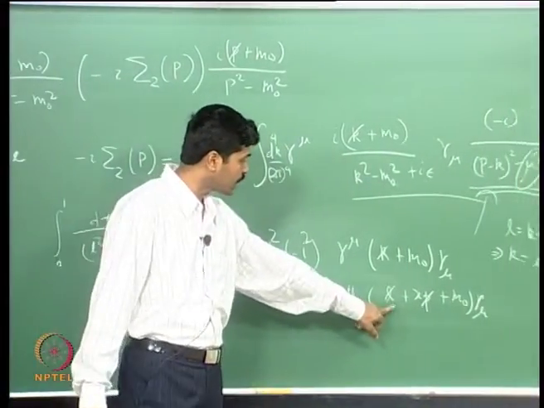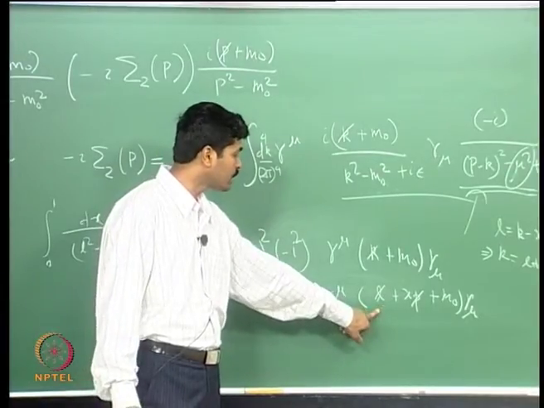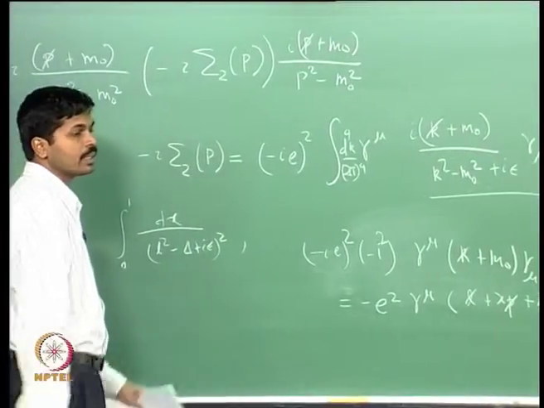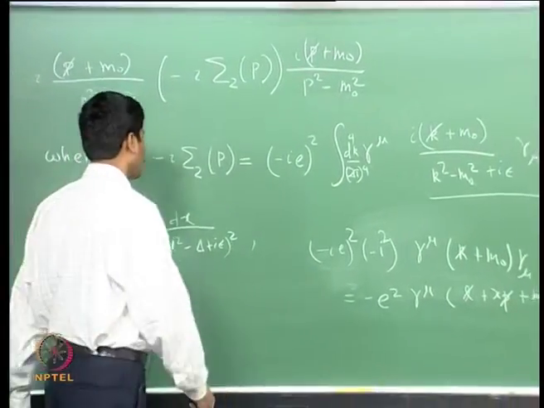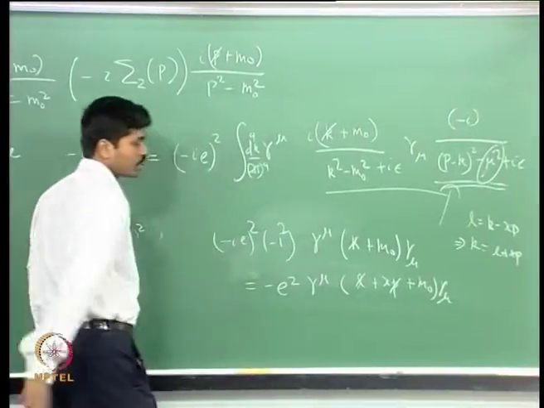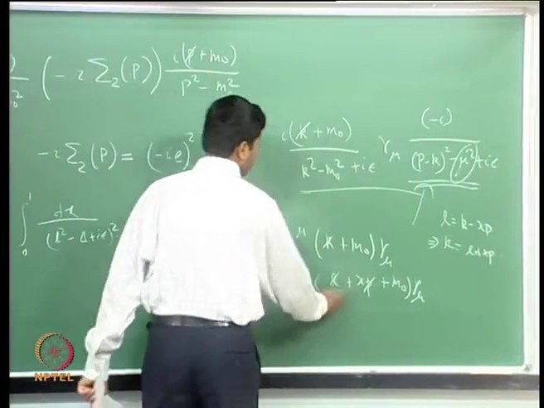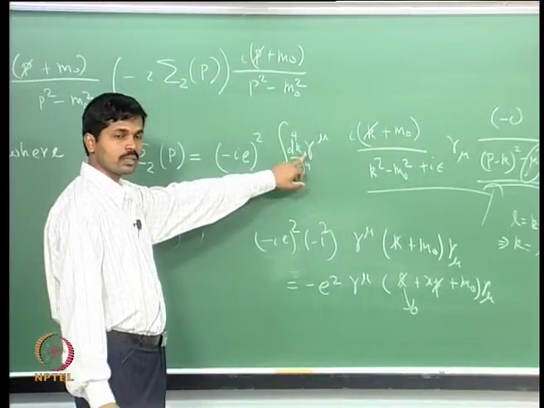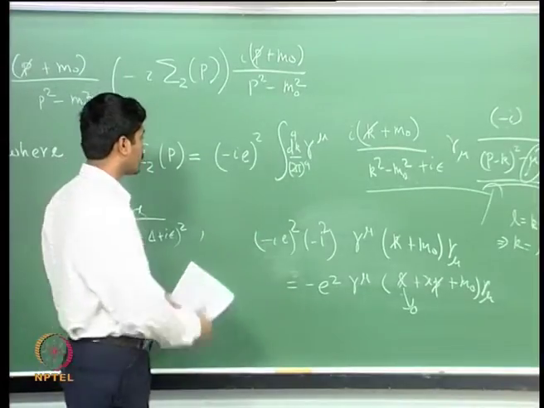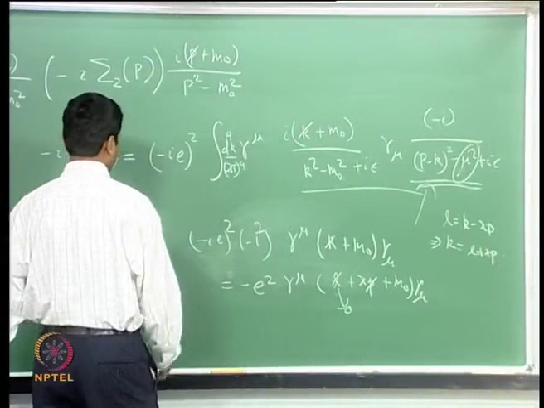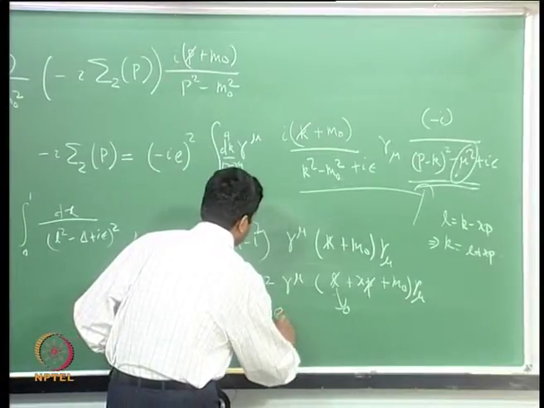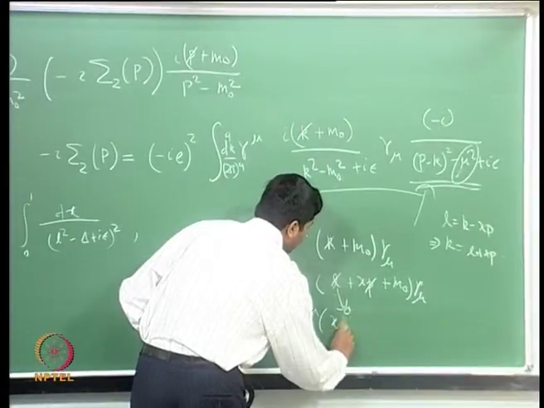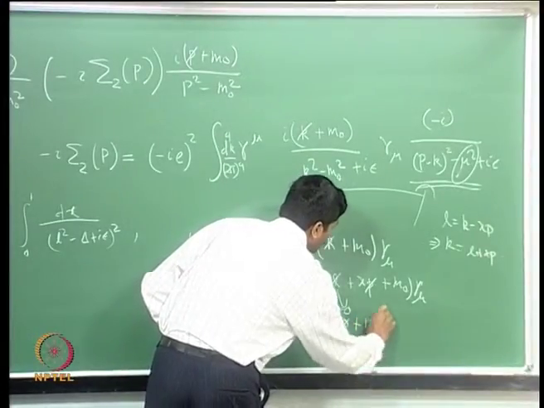Therefore, the term which is linear in L in the numerator will be an odd function of L, and when it is integrated over all values of L, it will give you 0 contribution. So, the linear terms in L will simply go away when we perform the L integration here. Therefore, the numerator we are left with is simply minus e square gamma mu, x p slash plus m 0, gamma mu.